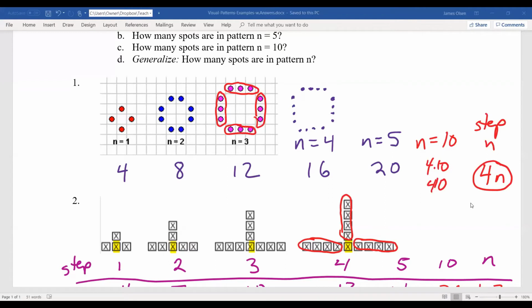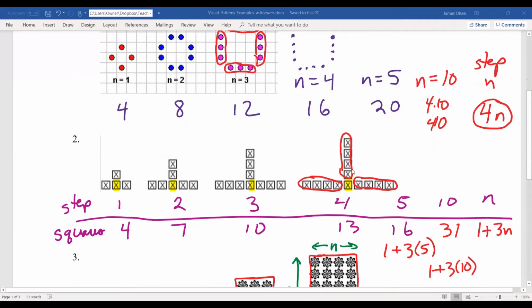So, in the first example, we have these sticks getting longer. This is one-dimensional growth. We have n to the first power, 4n. In our second example, we also had sticks getting longer. We happen to have 3 of them. Our expression was 1 plus 3n. This is linear, first degree. The 1 is the constant 1.